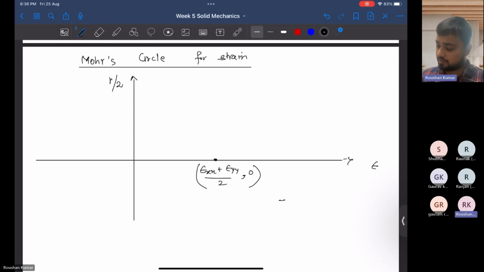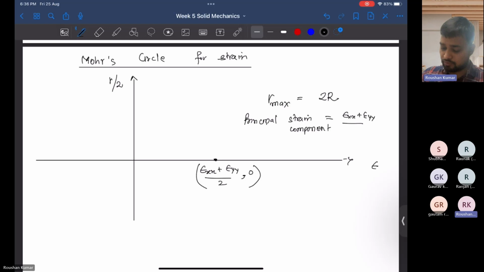So we can say that the maximum shear strain is given by 2 times the radius, because here you see that the radius is gamma by 2, and therefore the maximum shear strain is given by 2 times the radius. And the principal strain component is given by (epsilon xx plus epsilon yy) upon 2 plus minus the radius.